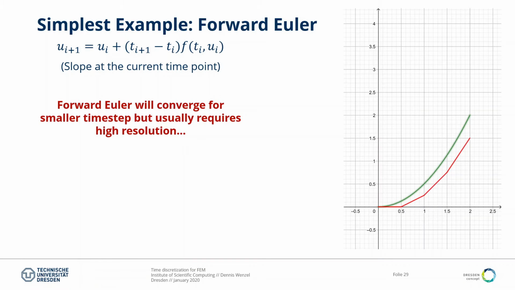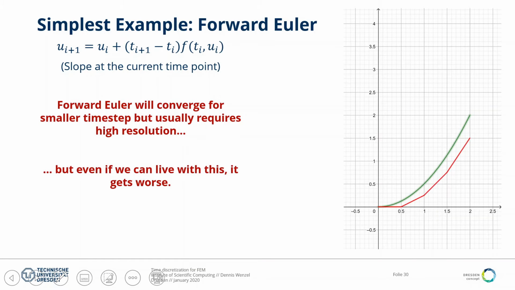Usually, if you take enough time steps, you get this forward Euler method to work, but it requires a high resolution. And this could be doable for us, but it gets much worse if you have different problems.